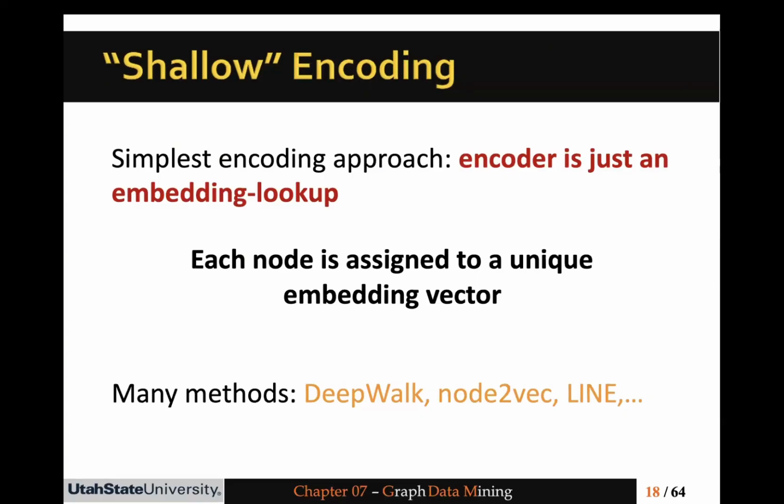The way DeepWalk defines similarity between the nodes in the original space is different from the Node2Vec way of representing similarity, which is also different from the LINE algorithm. So we're going to start with the very simple, earlier method, which is the DeepWalk algorithm. It relies on the idea of random walks, which we're going to see in the next slide. And then we're going to talk about Node2Vec.